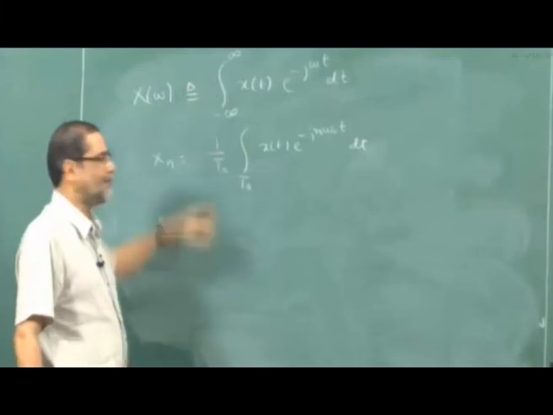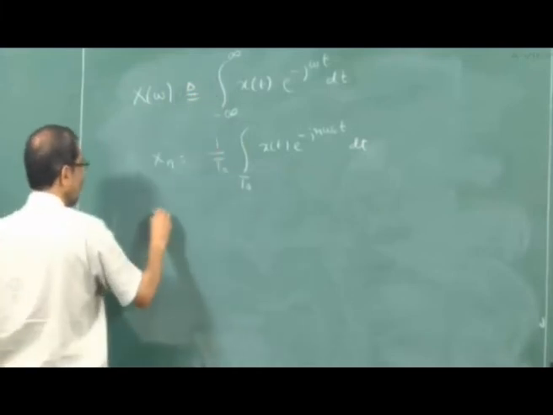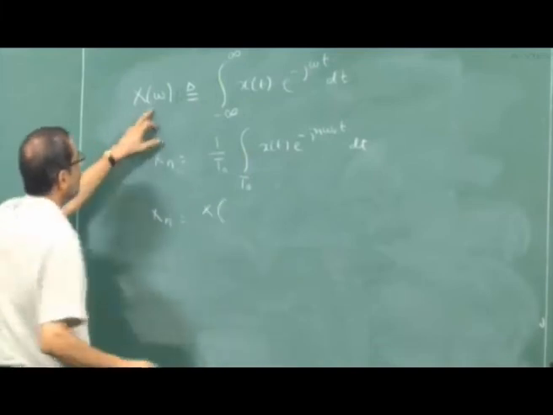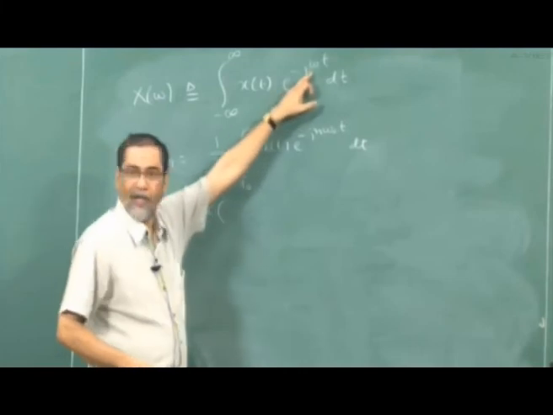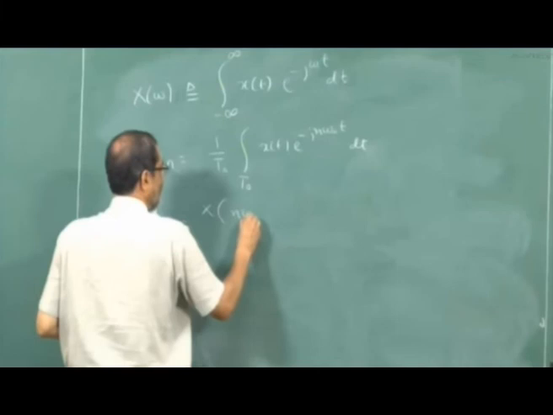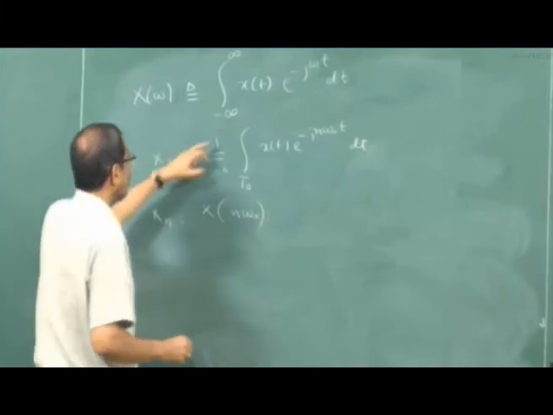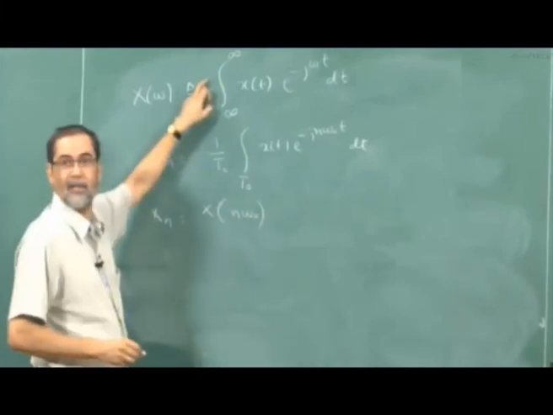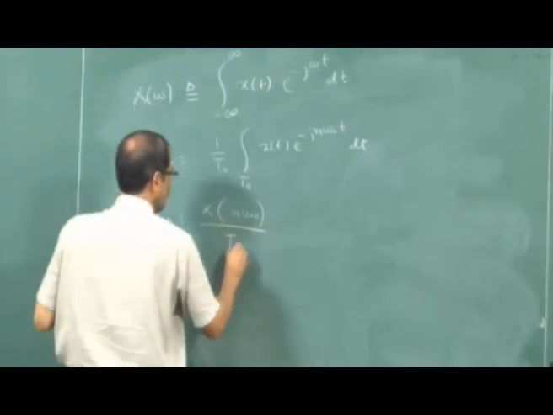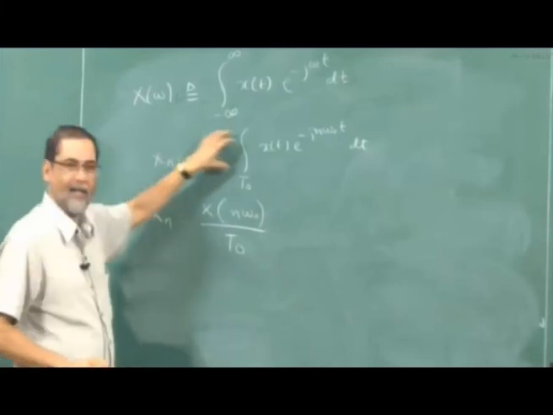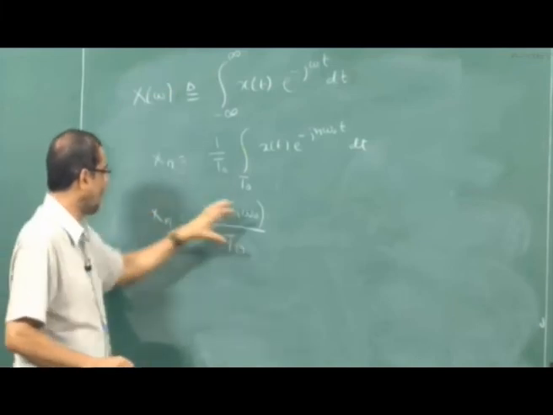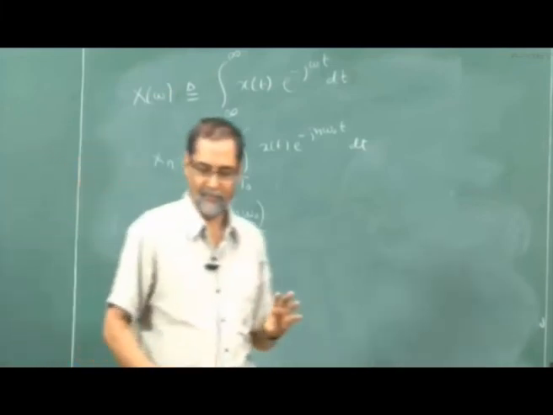So xn can be thought of as x of omega, if you replace omega by n omega naught, this is the same, and there is a 1 by t naught here, there is no t naught here. So this divided by t naught gives me this. So xn was defined as this. I am now introducing a new definition, so I am connecting up xn with this, okay.